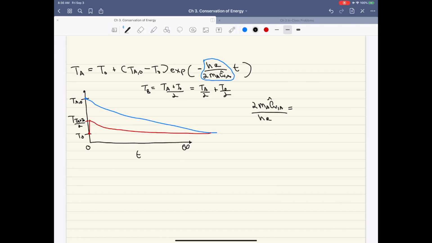We could think of this as a thermal decay time for part C. And everything is the same except there's just a 2 here. So this one's actually just twice as big as the answer we got for part B. Essentially, it's saying this decay time is twice as long.